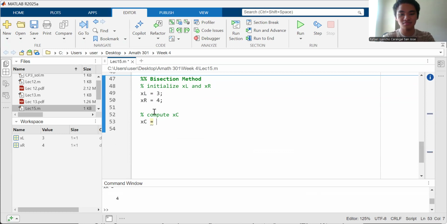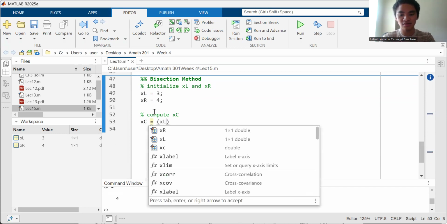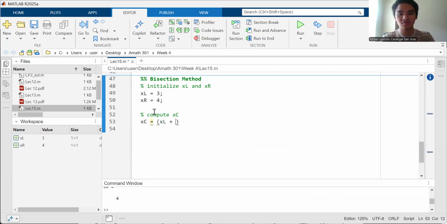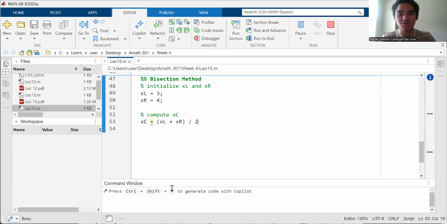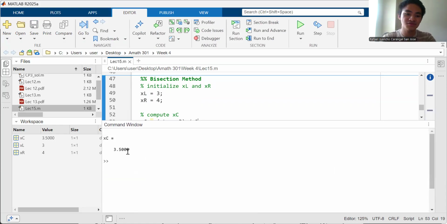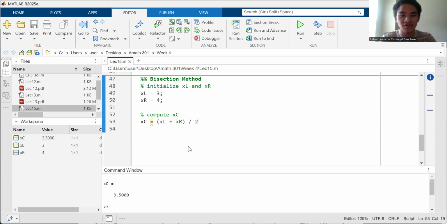This is XL plus XR, and I divide that by 2. What's that gonna do? If I run this section again, there we go. 3 plus 4 is 7, and 7 divided by 2 is 3.5. So that's what it gave me.